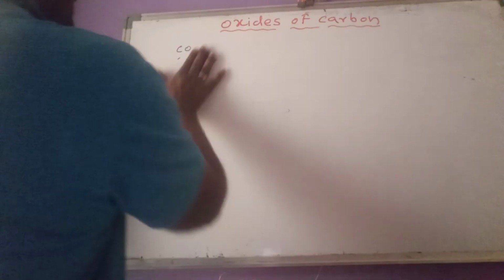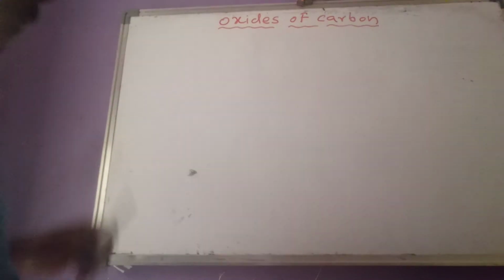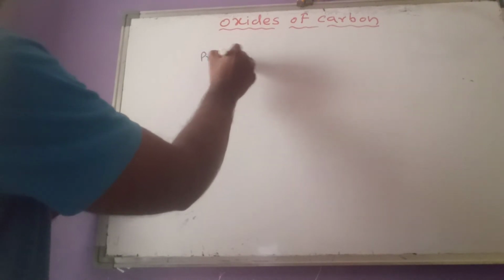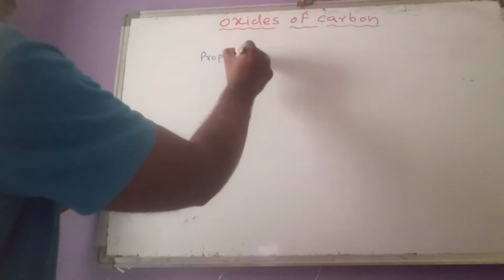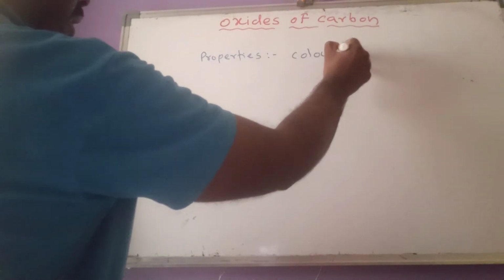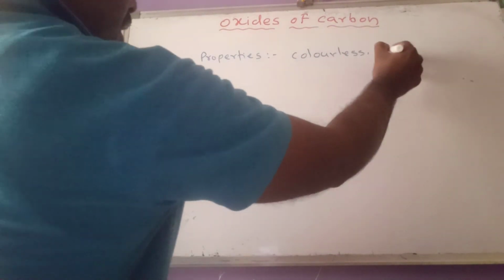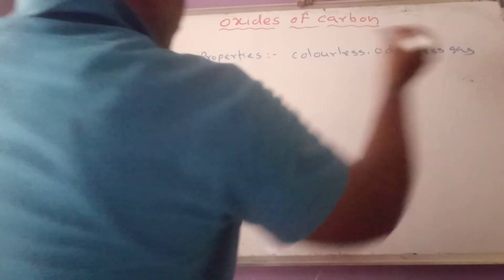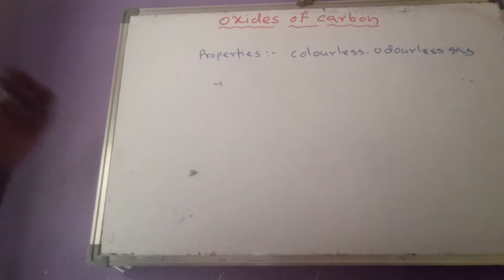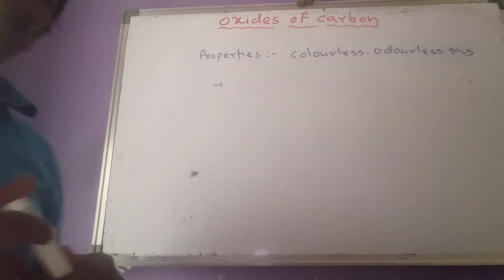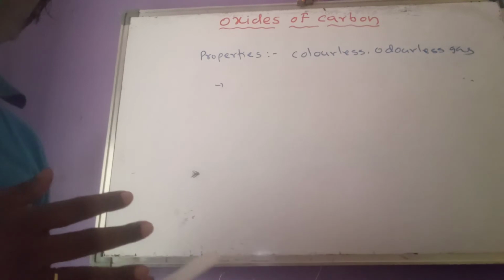Let us see what the properties of carbon dioxide are. It is colorless and odorless, like carbon monoxide. Of course, it is not poisonous like carbon monoxide, but it can't support life.